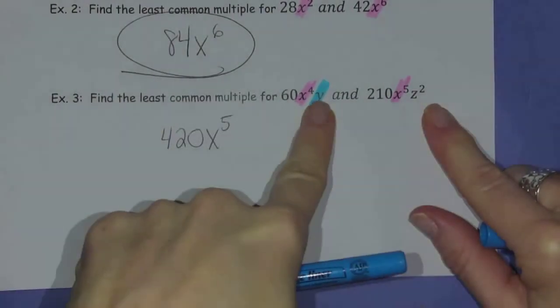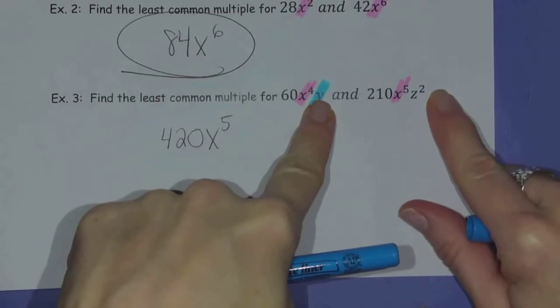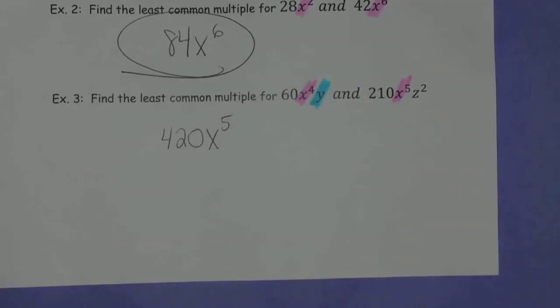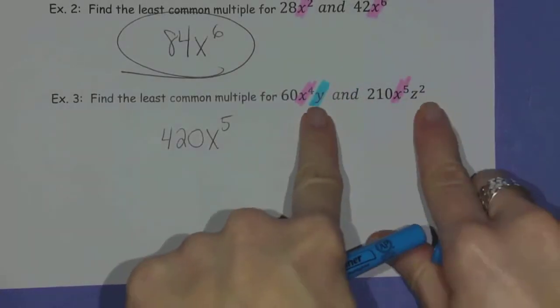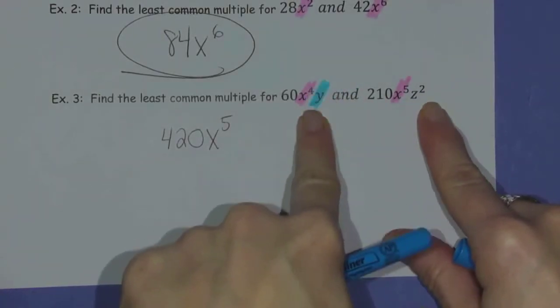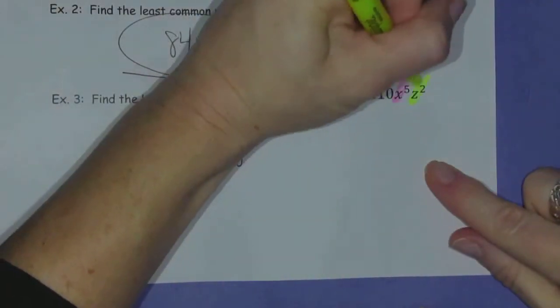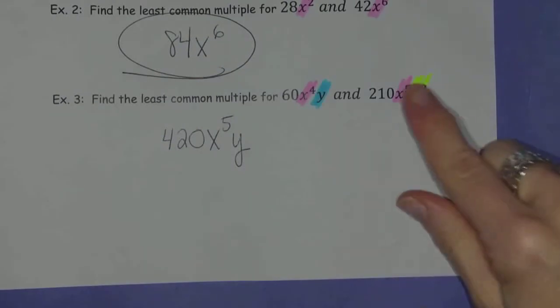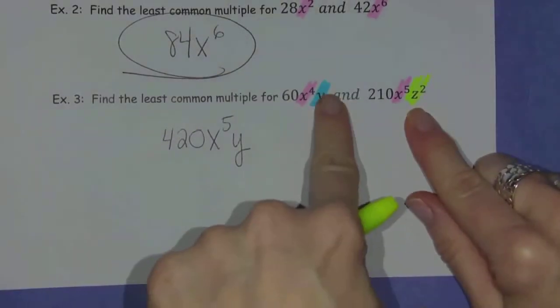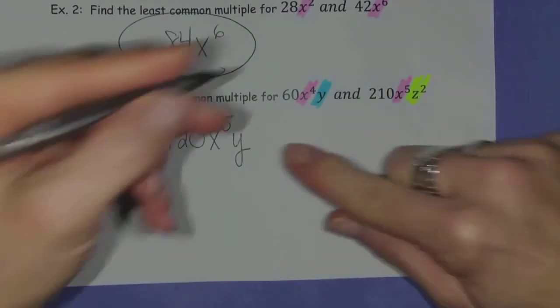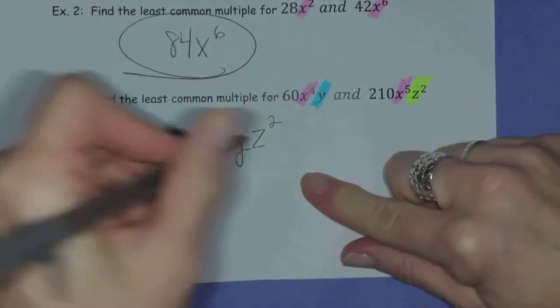But we can grow no y into a y because we can just multiply by y. So the bigger y term here is just a y because this has nothing. So we'll include that y. And now we look at the z's, z squared. Well, z squared versus nothing, well, we can grow nothing into a z squared by multiplying by z squared. So I'm going to say z squared.